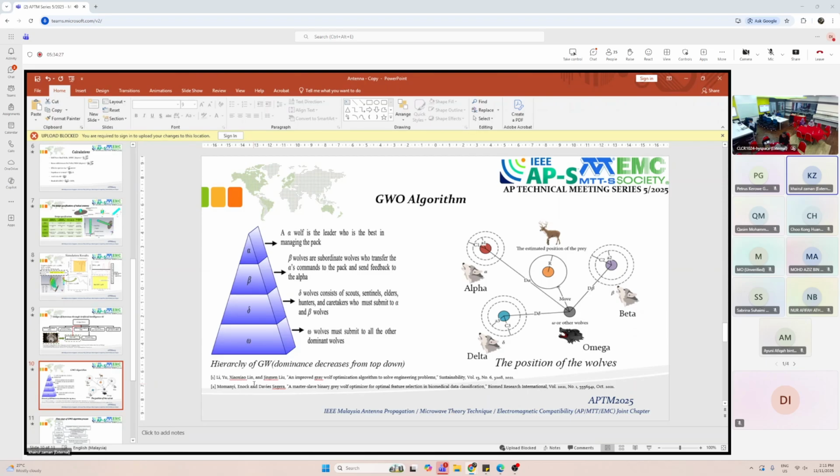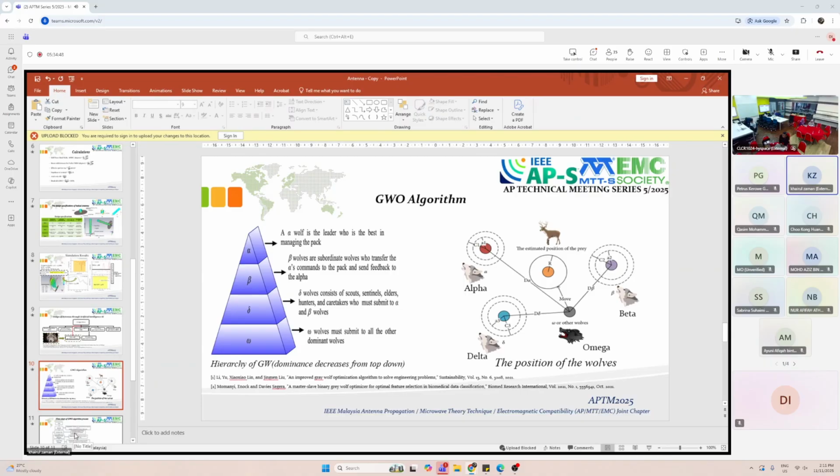This is where the name sigma male comes from, sorry, the sigma male character person. So here is the GWO. This is how the wolves work for hunting.